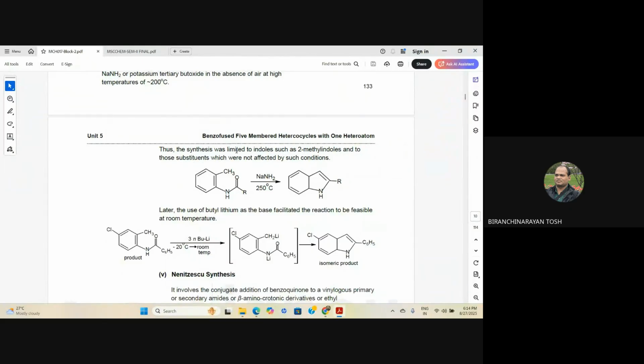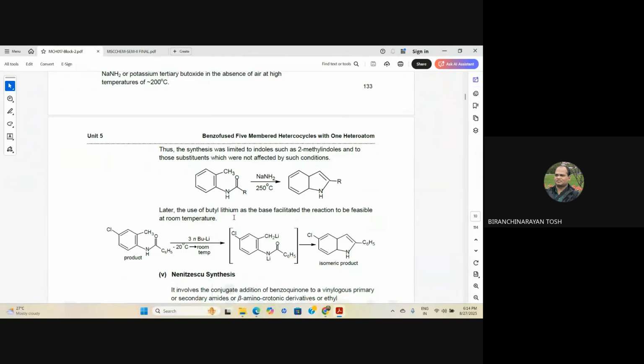Thus, the synthesis was limited to indoles such as 2-methylindoles and to those substituents which were not affected by such conditions. So, to acylaminotoluene, using sodamide, cyclization takes place.